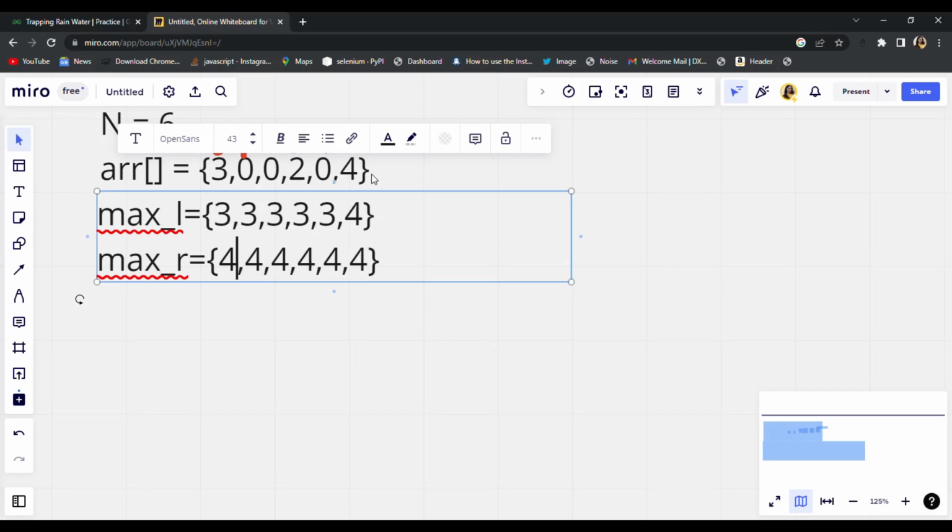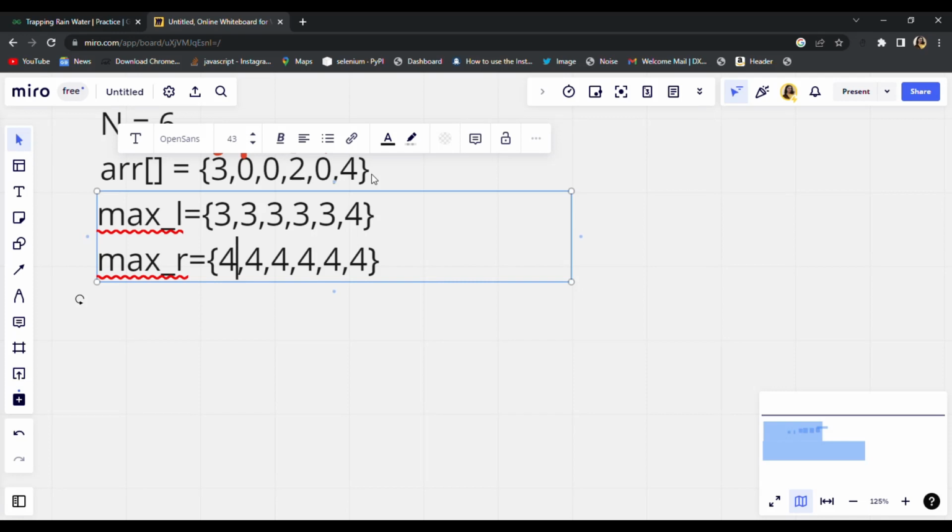So the maximum height on the right side of the 0th index, whose height is 3, is 4. Okay, I hope you have understood this. So let's proceed with the further logic.